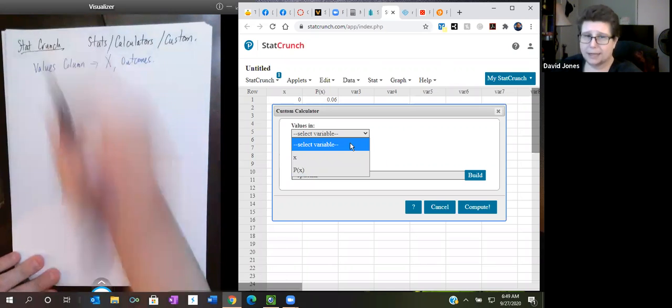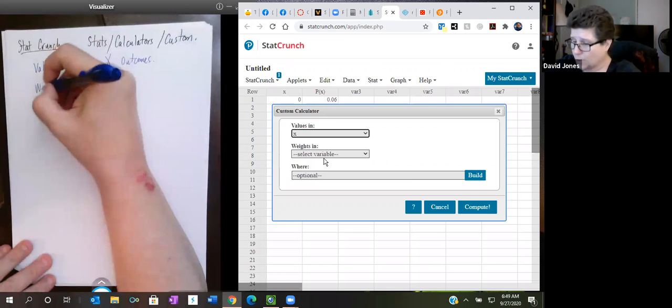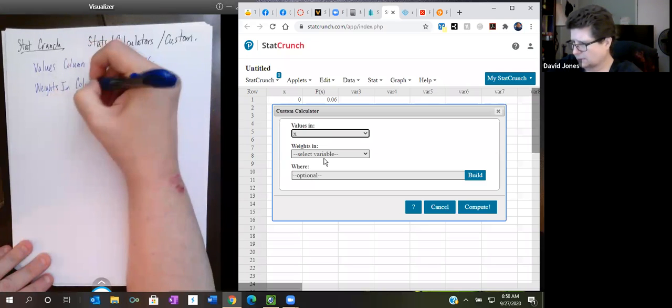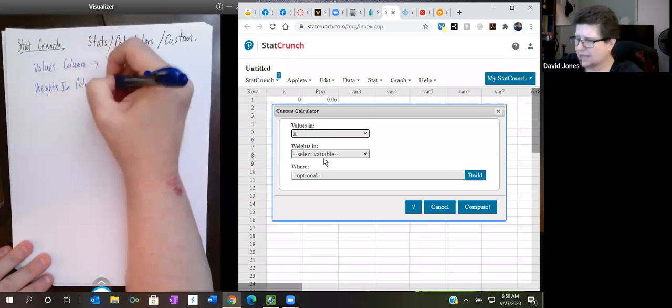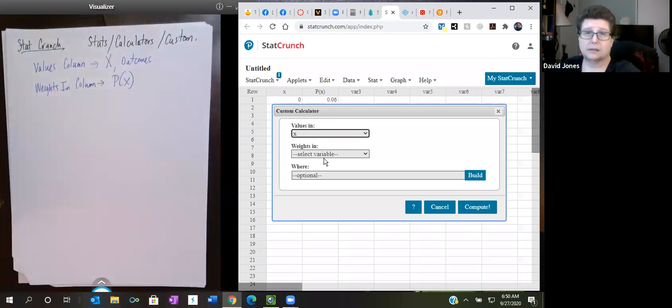And the box that says weights, the weights in column, that should be your P of X. And recall when we did this, this was 1.49.